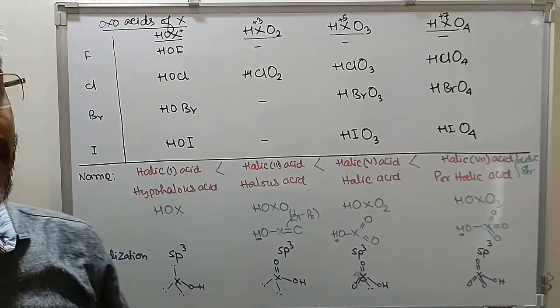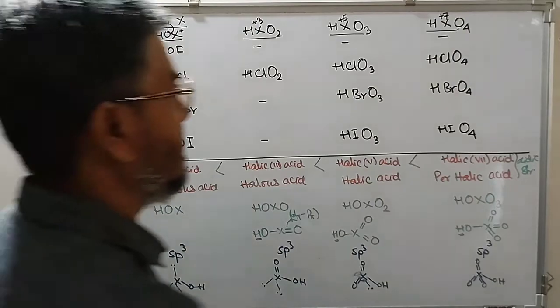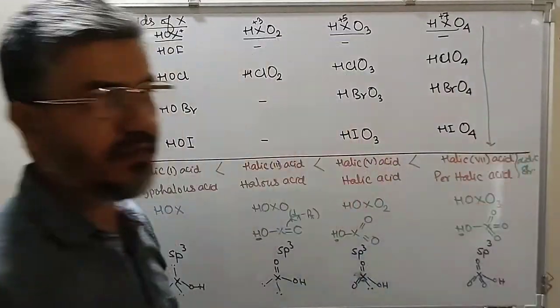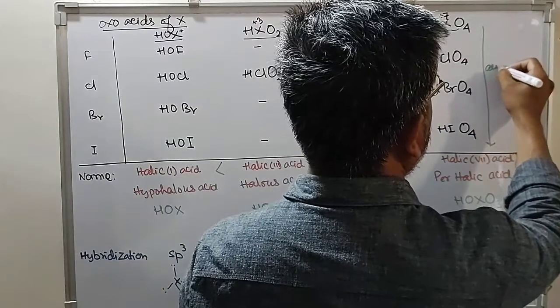Moving from fluorine to iodine, as the electronegativity of the central atom decreases, acidic character decreases.